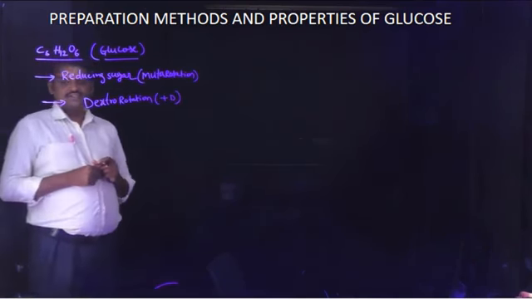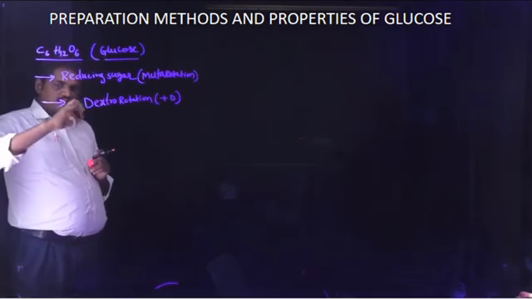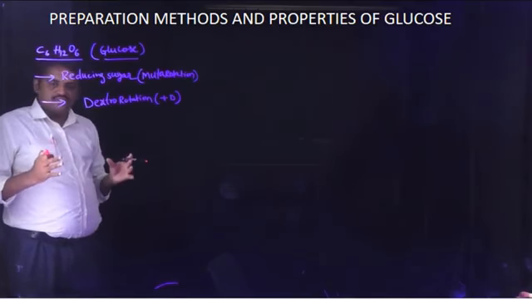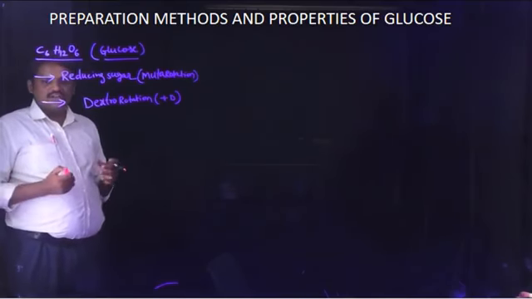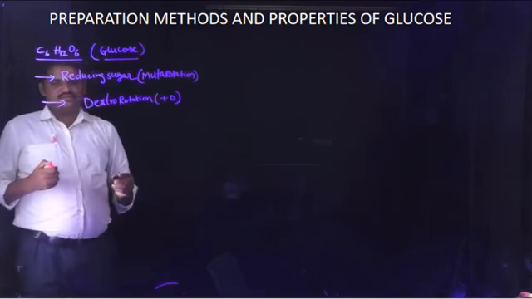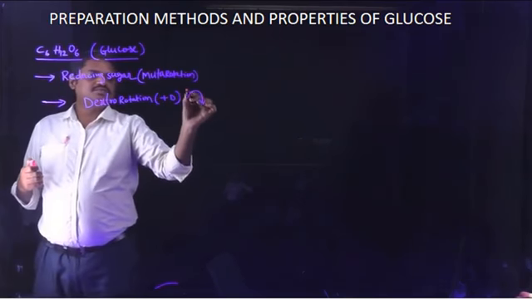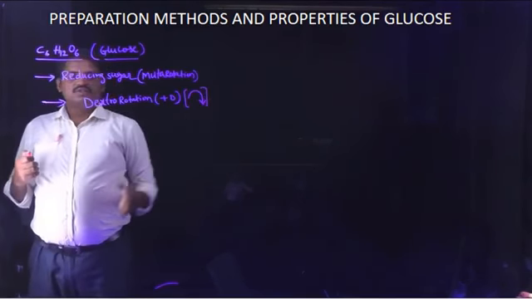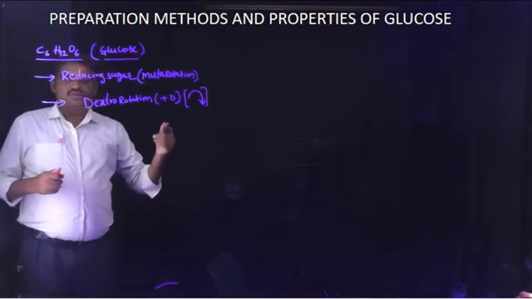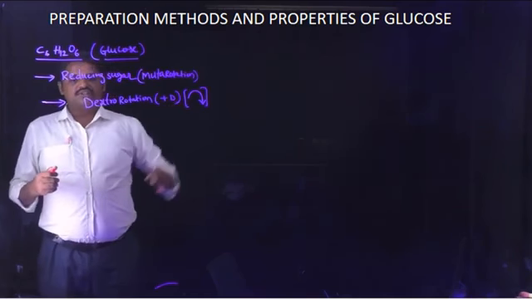Plus D configuration is exhibited. When this molecule is observed in the presence of water, it rotates in the clockwise direction. So this type of particles are known as dextrorotatory particles, or D plus rotated particles.